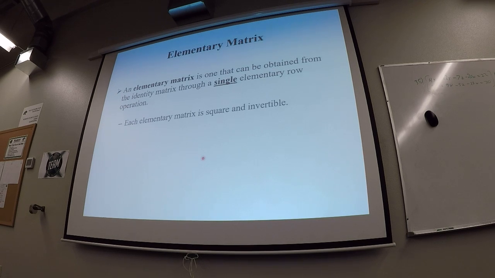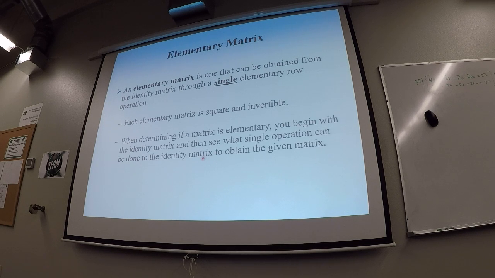Each elementary matrix is square, and it has an inverse. When determining if a matrix is elementary, we begin with the identity matrix, and then we see what single operation can be done to the identity matrix to obtain the given matrix. The identity matrix has ones on the diagonal, zeros everywhere else. You're going to have a matrix where one of those elements is not what it should be.